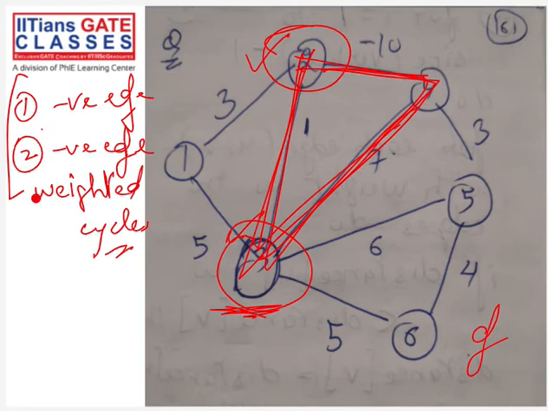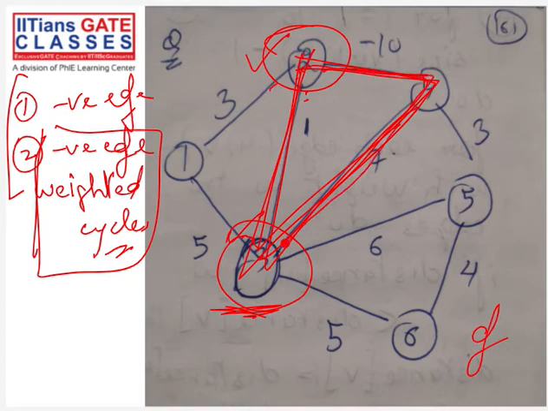Now, when you have a negative edge weight cycle, Dijkstra's algorithm can keep reducing the weight of every node to minus infinity. So when you have this negative edge weight cycle, that means the sum of the particular cycle is negative. Negative edge is okay, maybe some of the edges are negative, it's all right.